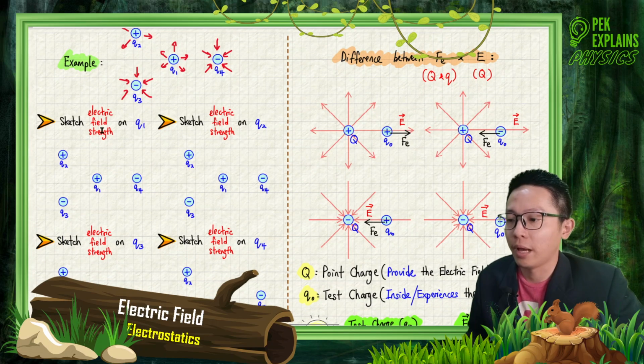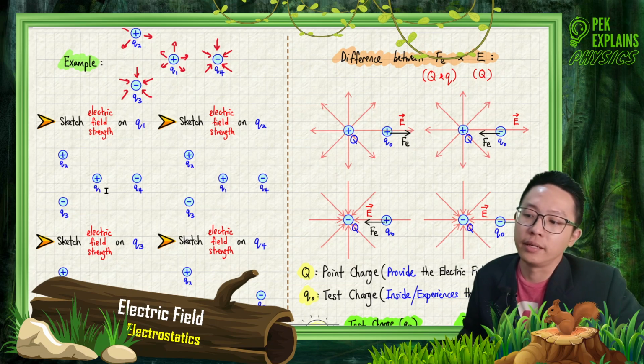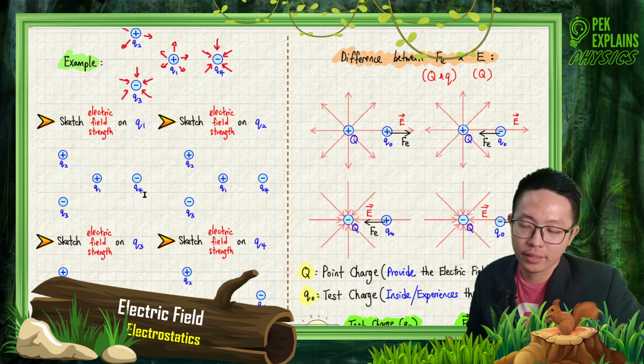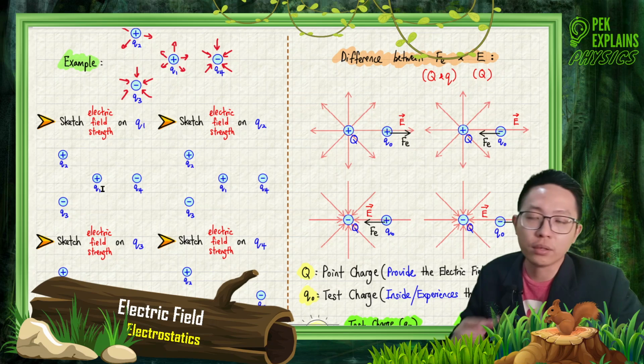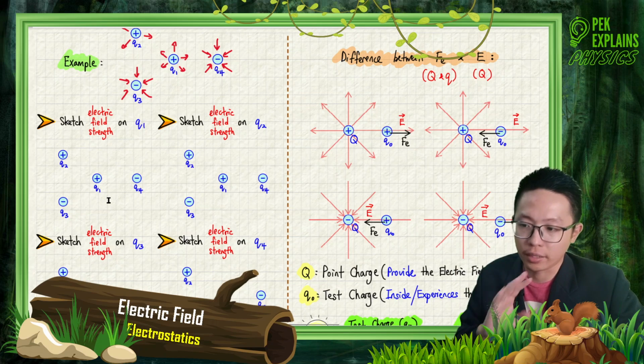But now I want to draw the electric field strength experienced by Q1. That means Q1 is inside the electric field of Q2, Q3, and Q4. Q1 also has its own electric field, I know, but we don't look at Q1.